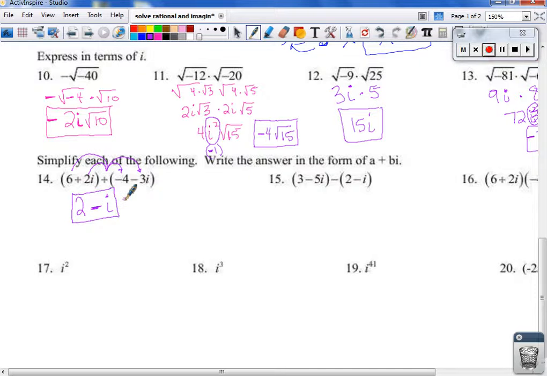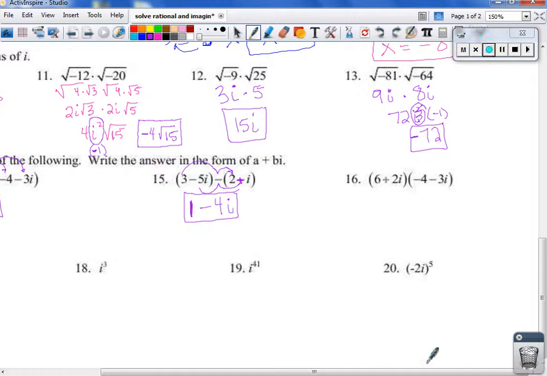So 2 minus i is that one. Here we have 3 minus 2. 3 minus 2 is just 1. Negative 5 minus a negative i. Minus a minus is a plus. So negative 5 plus 1 is minus 4i. Okay, remember to distribute the negative. Minus a minus is a plus.